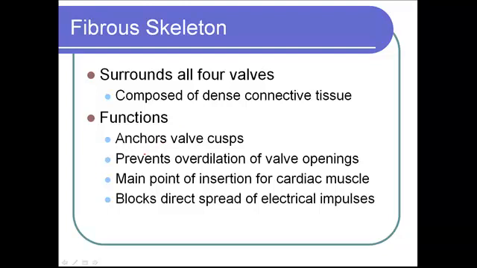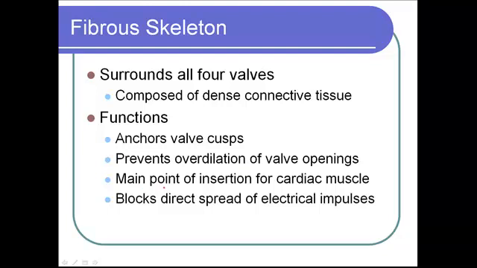Okay? It prevents overdilation of the valve opening. These valves are critical. They're a life and death. The valves have to operate perfectly, or you will be very, very sick, or you'll die. So these have to be anchored perfectly.